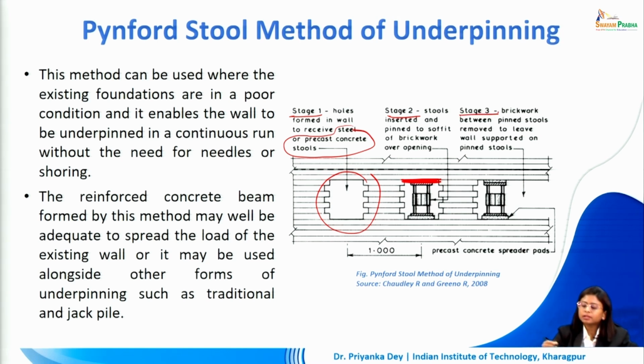In the third stage, the brickwork between the pinned stools is removed, and we leave the wall supported on these pinned stools. We can use precast concrete spreader pads to ensure that this member doesn't come directly onto the masonry and crush it. The spreader pads in between help us transfer the load smoothly.